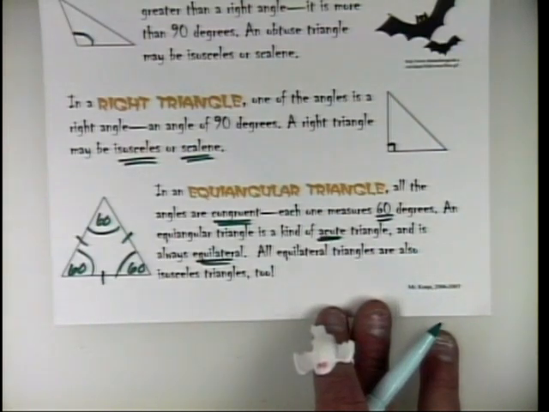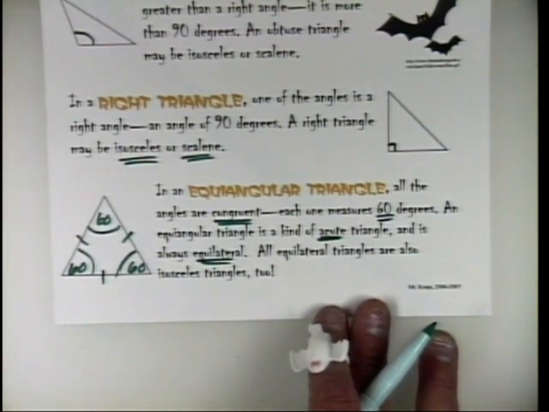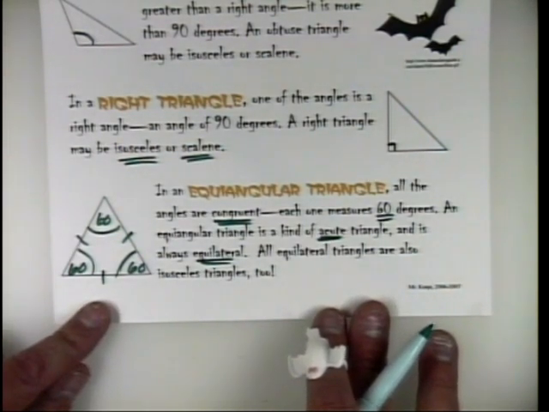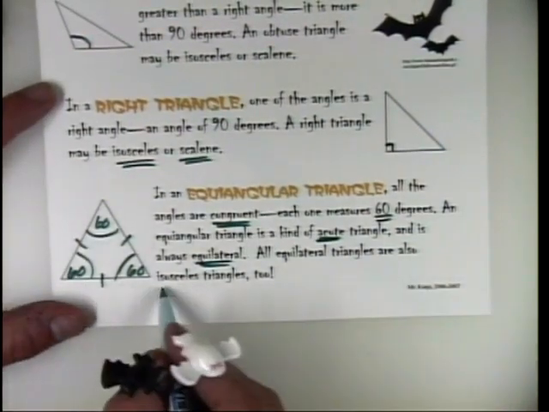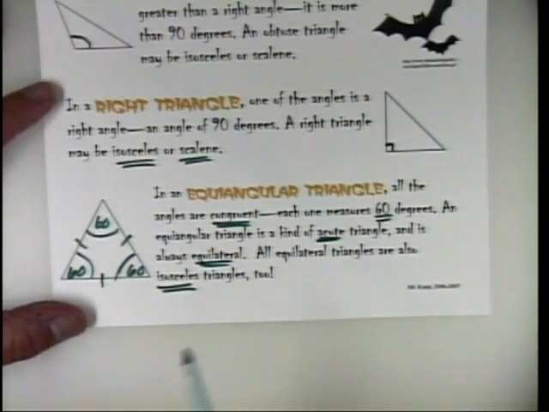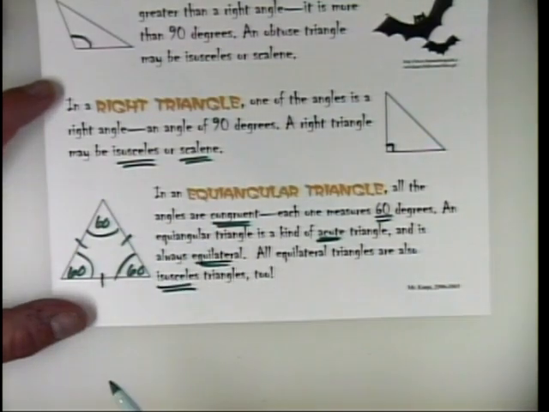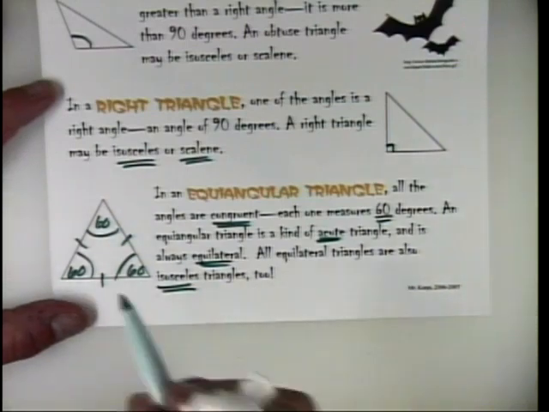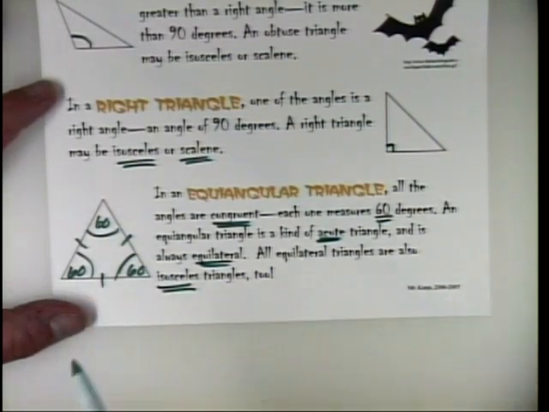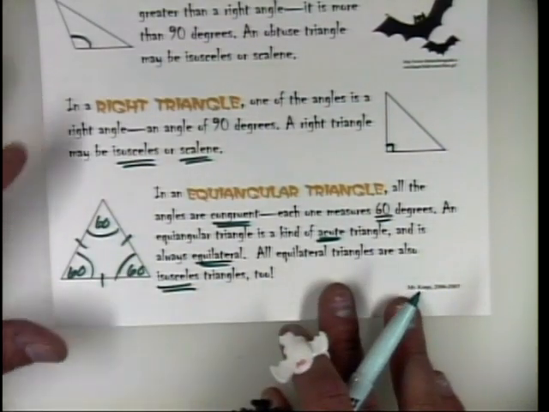Now, here's the cool part. Every single equilateral triangle is also an isosceles triangle. Because remember, isosceles said at least two sides had to be the same length. If all three of them are, that fits the definition. So every equilateral triangle is also isosceles, but not vice versa.